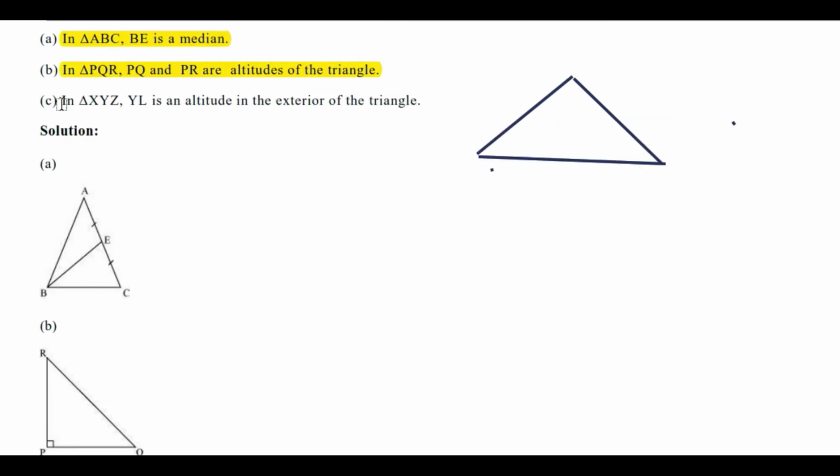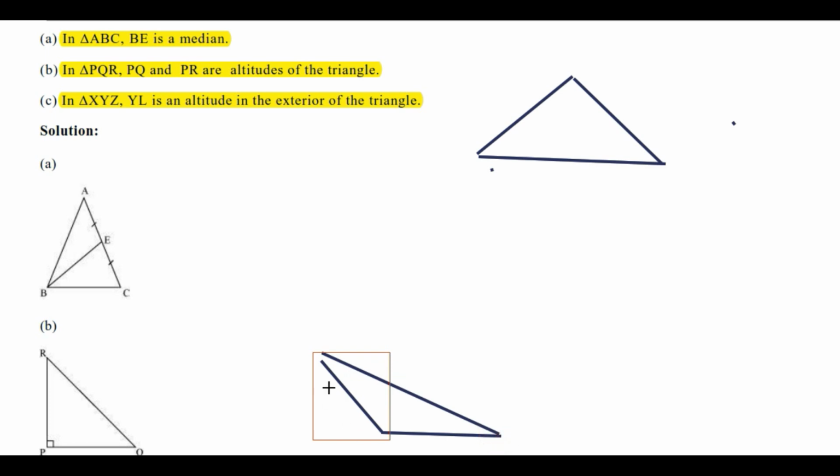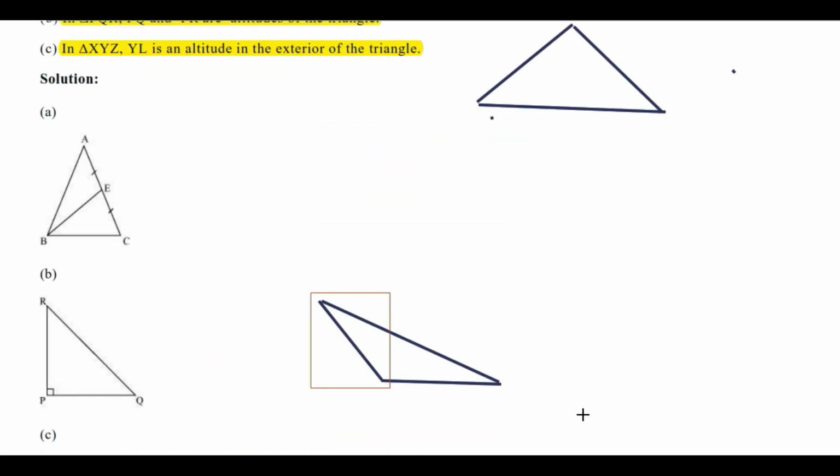Now next, in triangle XYZ, YL is an altitude in the exterior of the triangle. So here we need to draw a triangle like this, or you can say we have to draw an obtuse angle triangle in such a case.